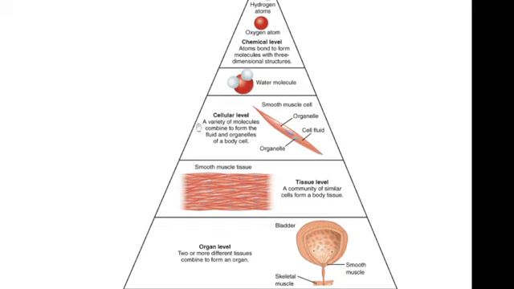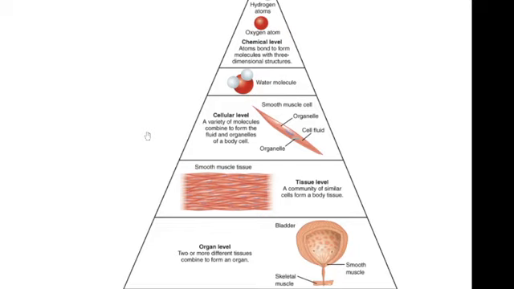Organelles are like the parts of the cell. We have the ribosome, the nucleus, the Golgi apparatus, and so on and so forth. Cells, again, are the building blocks of plants and animals. Plants also have cells, but in a different form.